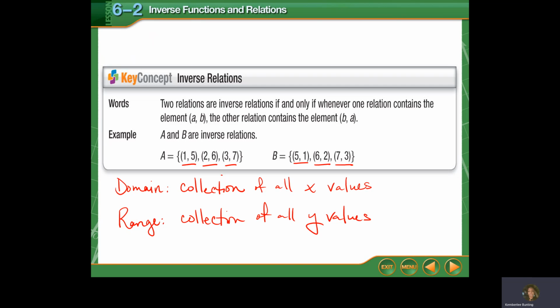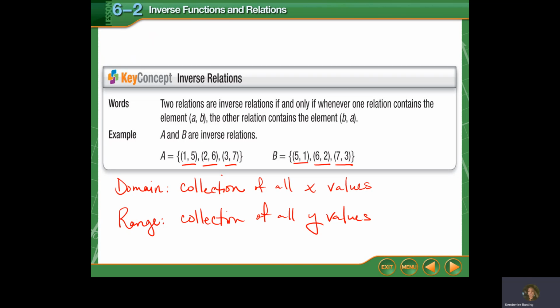Now, very simply, young people, when you're finding the inverse of a relation or a function, what's happening is the domain and range are switching places. X and Y are switching places, okay? So look at the words.